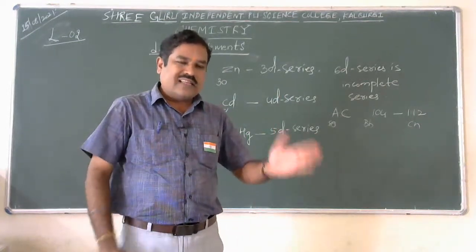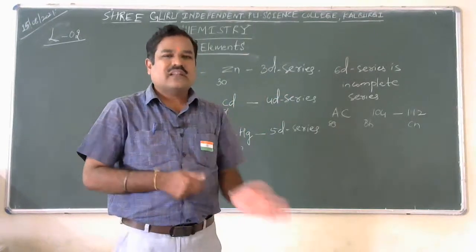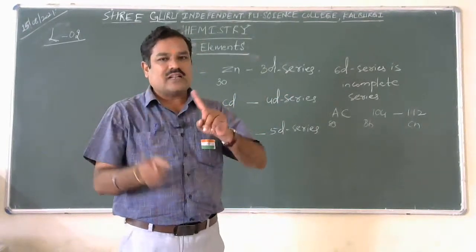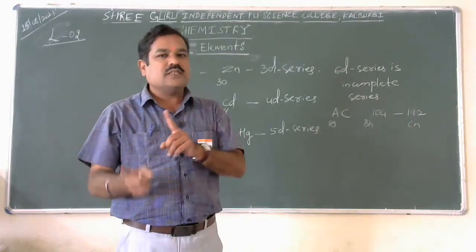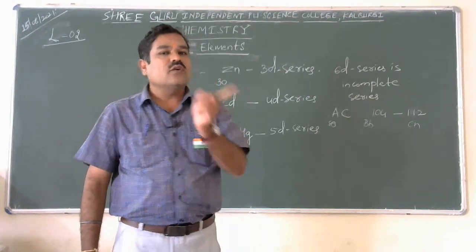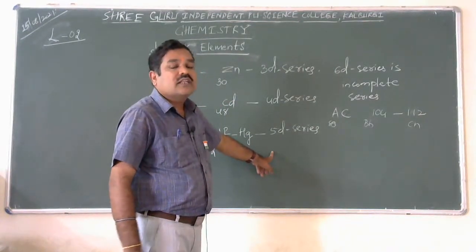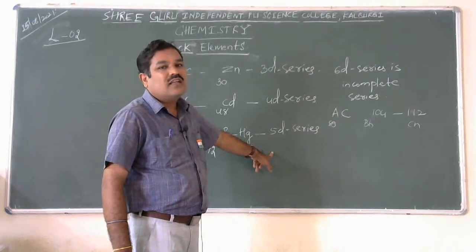That's why metallic character gradually changes to non-metallic character. There is a transition in properties, from metallic to non-metallic. That's why d block elements are called transition elements or transitional elements.